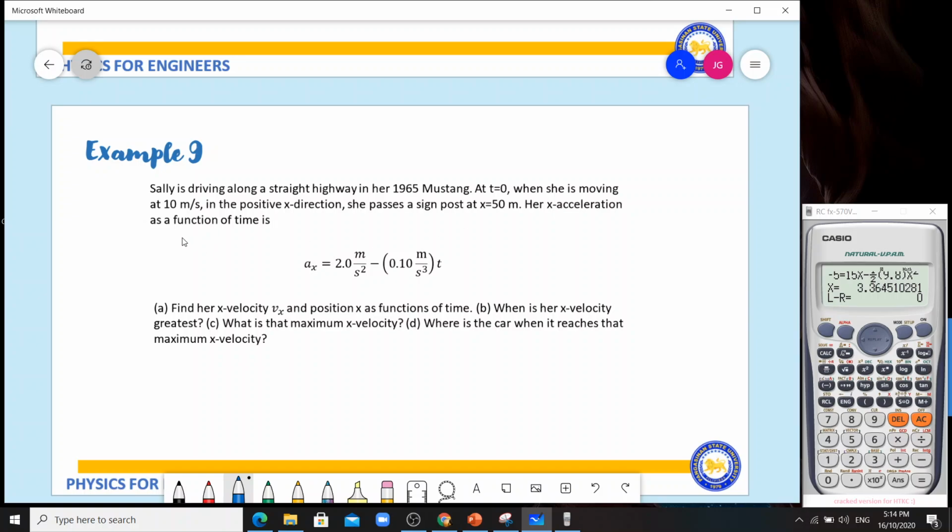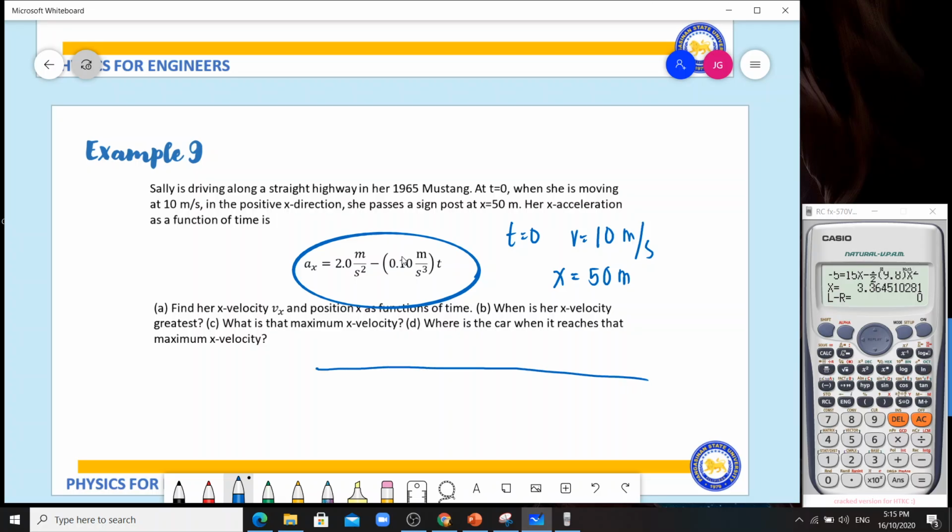Her x acceleration as a function of time is, okay, may given acceleration. Ayan, ito yung function ng acceleration.